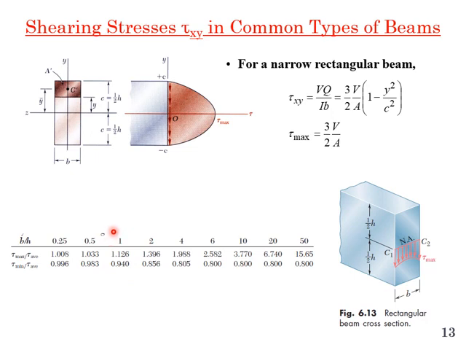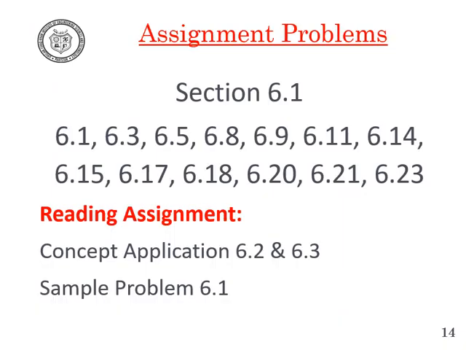But if the width of the beam increases relative to the depth, we cannot apply this formula because it will give the wrong value of tau max. The tau max we calculated from this formula is fine for the lower ratio, but it has a limitation as the width increases. So this winds up section 6.1.